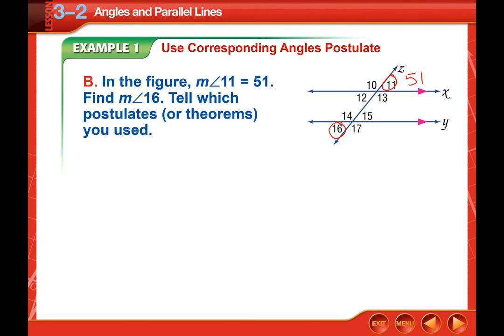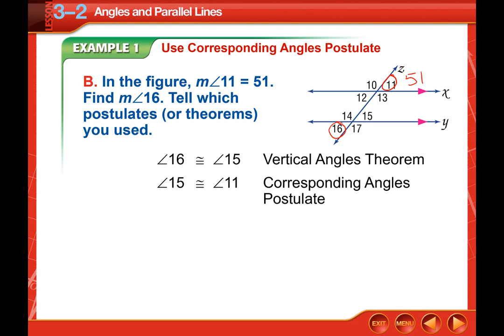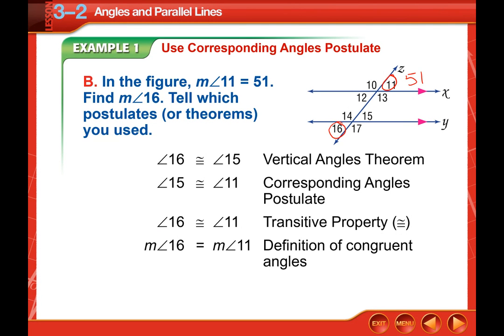Well, 15 and 16 are vertical angles. 16 is congruent to 15, and 15 is congruent to 11. These are given by the vertical angles theorem and the corresponding angles postulate. Using the transitive property of congruence, we see that angle 16 is congruent to angle 11. If those two angles are congruent, their measures are equal due to the definition of congruent angles. And through substitution, we know that the measure of angle 16 is 51.